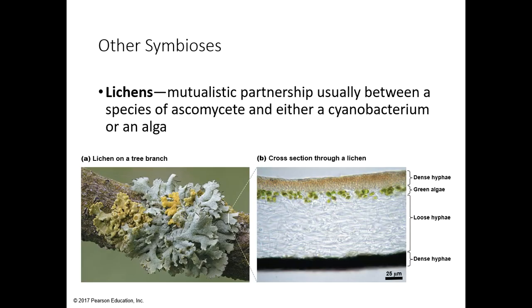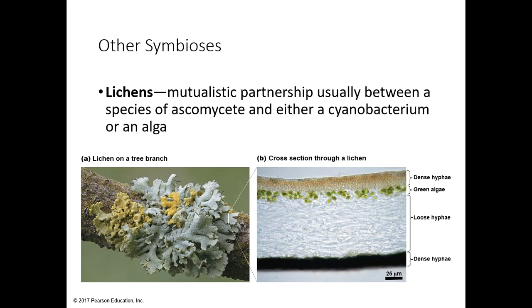Another really great, classic symbiotic relationship we see is between a species of Ascomycete and either a cyanobacterium or an algae. So we've got here lichens. These lichens, I'm sure you've seen on trees and things like that, and they're very easy to find.